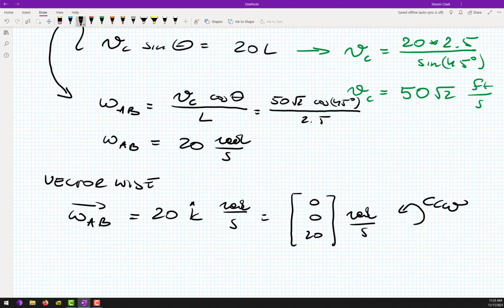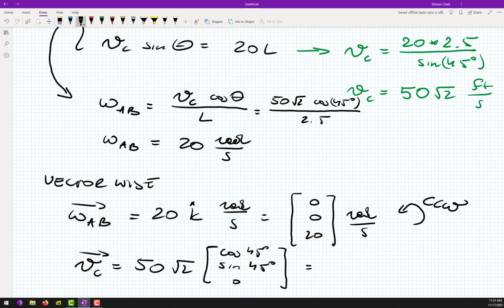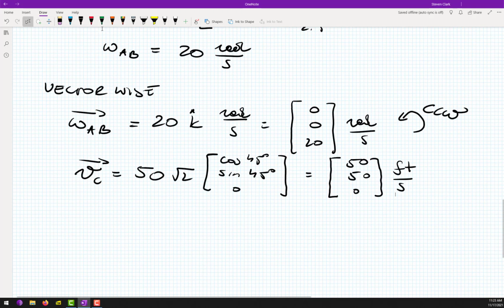And our V_C is 50 square root of 2 times cosine 45 degrees, sine 45 degrees, 0. If you grab your calculators, you will obtain that our V_C is equal to 50, 50, 0 feet per second. And this is the end of the problem.